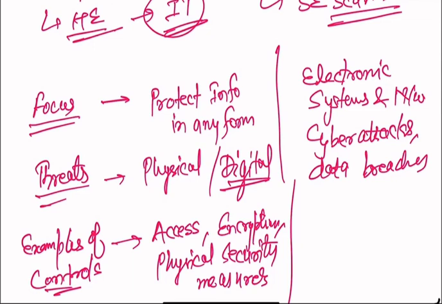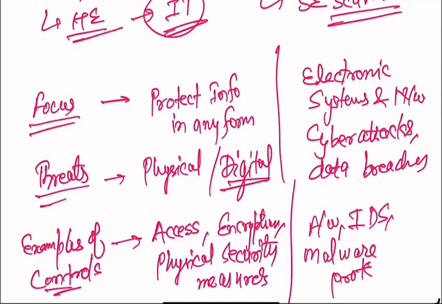When we talk about how we can control cyber security, we can use firewalls, IDS and IPS systems, or malware protection for our organization.